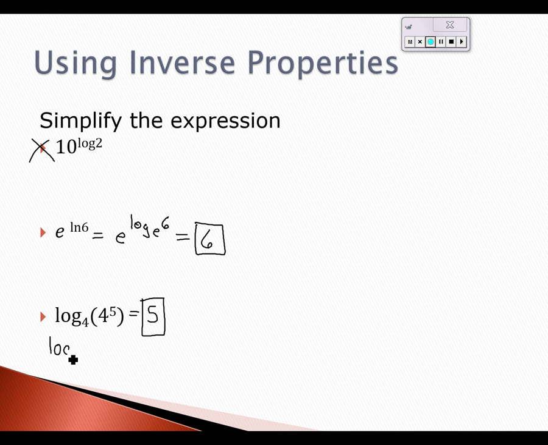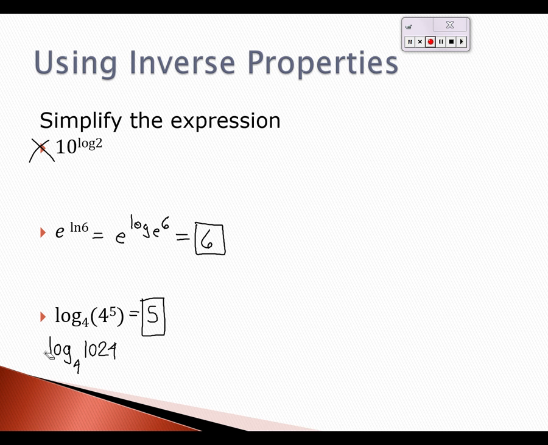If I were to write log base 4 of 1024, you'd be like, ooh, that's kind of a hard problem. 1024 is 4 to the 5th. Did you know that? Okay, well, now you do. So if I gave you this problem, you'd be like, ooh, that's hard. I don't know what the answer to that is. But if I were to re-express 1024 as 4 to the 5th, what have I done?